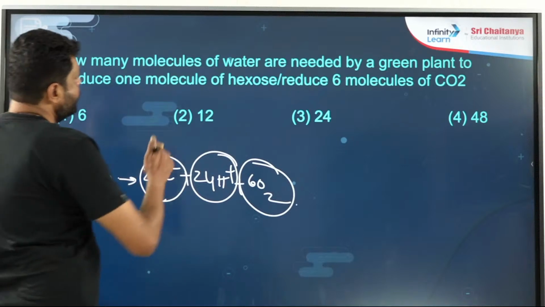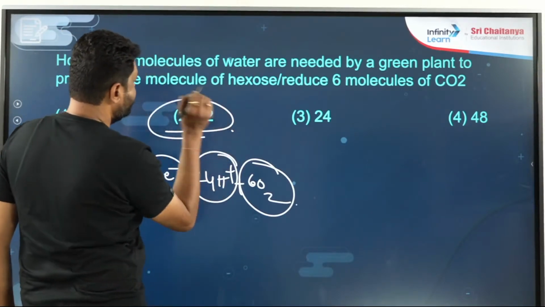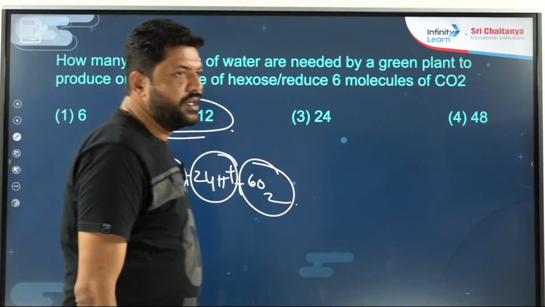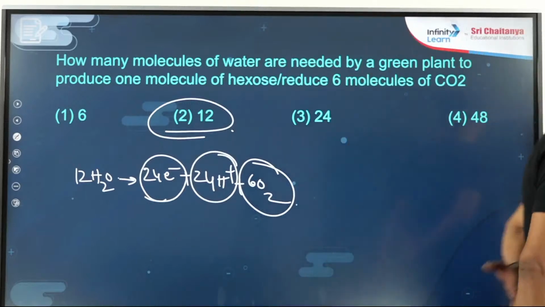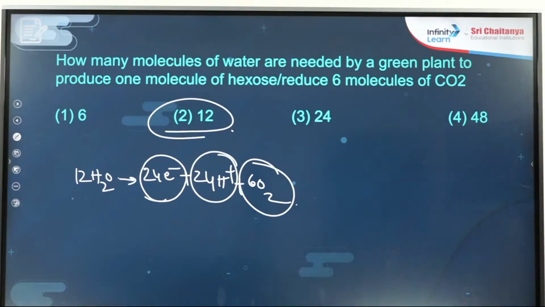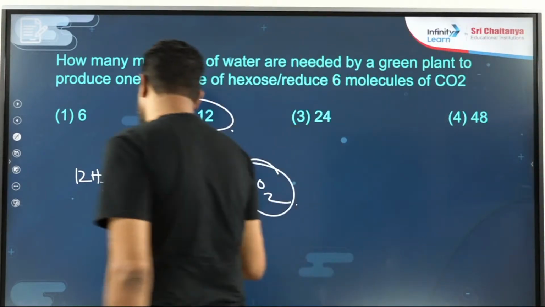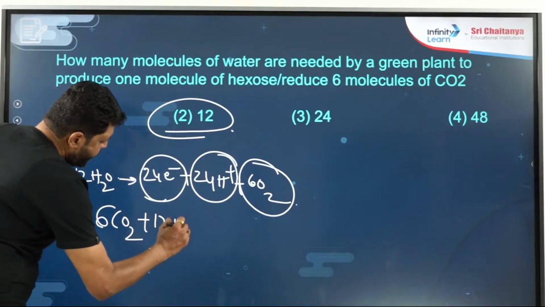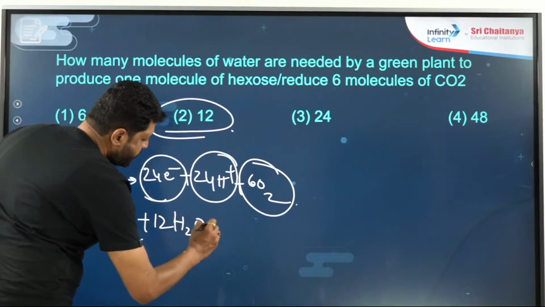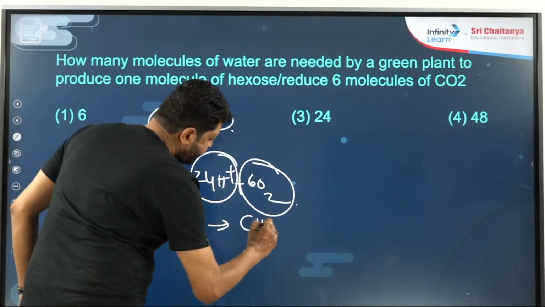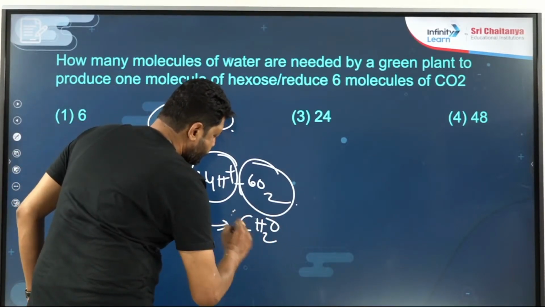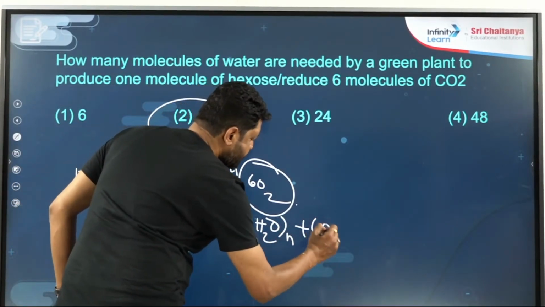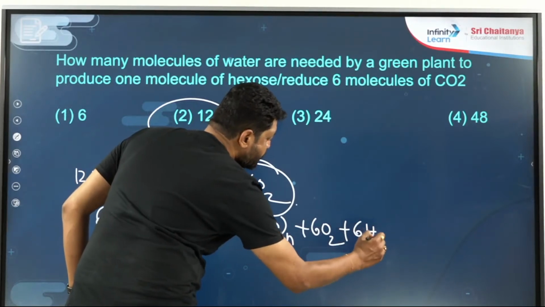So how many molecules of water are required? The correct answer is 12 molecules of water are required for the reduction of 6 molecules of CO2 in direct reaction. Because we write it in the reaction itself, 6 CO2 plus 12 H2O give rise to 6 O2 plus 6 H2O.